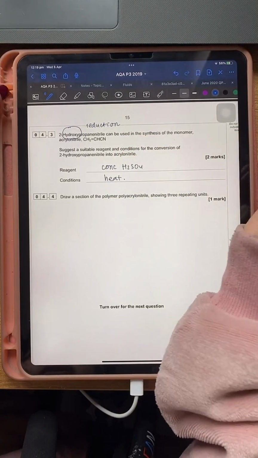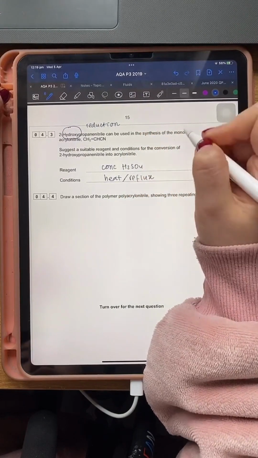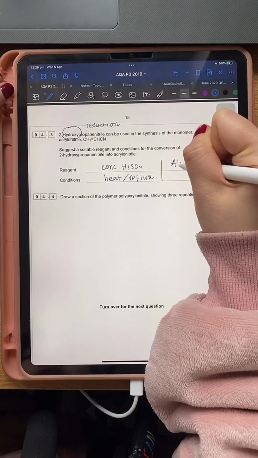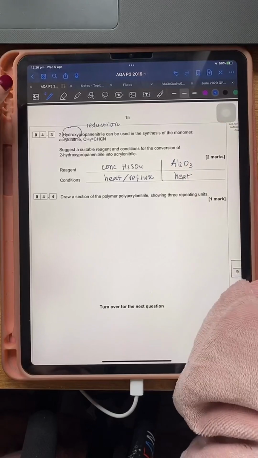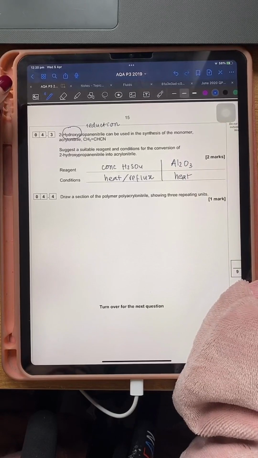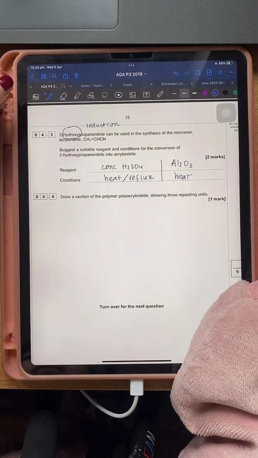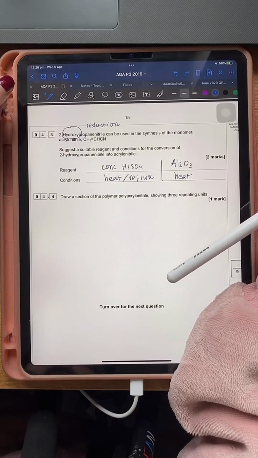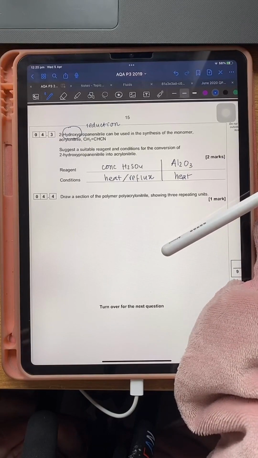Another reagent is Al2O3 and heat as well. Either one of them is fine. You can say nickel catalyst, although it's not really preferred in this case because nickel catalyst is mainly for hydrogenation processes. LiAlH4, that's fine. NaBH4, that's fine as well.